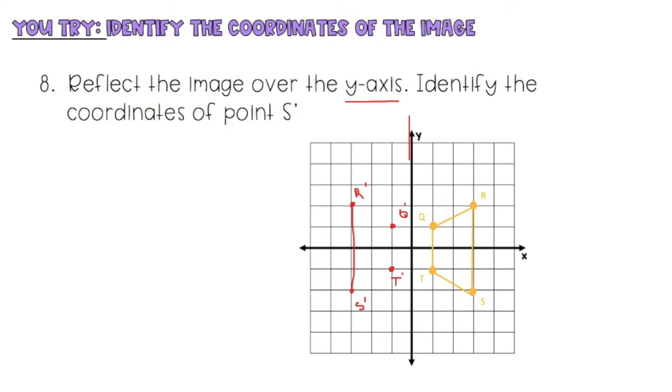So here is my reflection over my line. And now I can name point S. So point S is located at -3, -2.